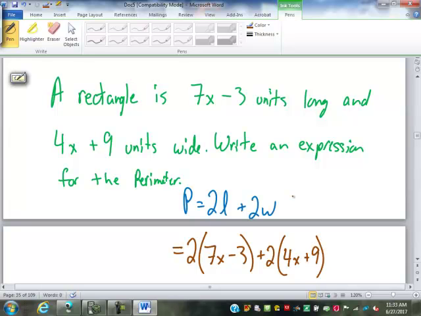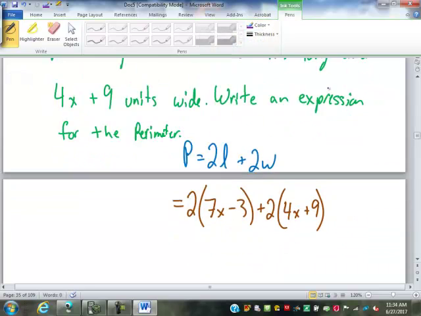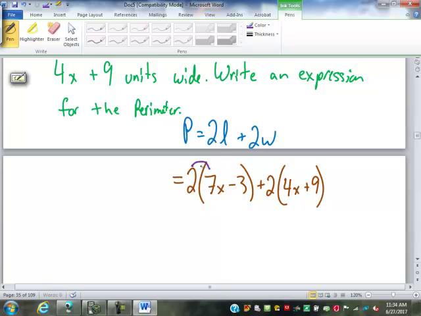Now, if you stop there, that would be acceptable. But it would be better if you continued and distributed 2 times 7x, 14x, 2 times negative 3, negative 6. Now in the next one, 2 times 4x, positive 8x, and 2 times 9 is 18.